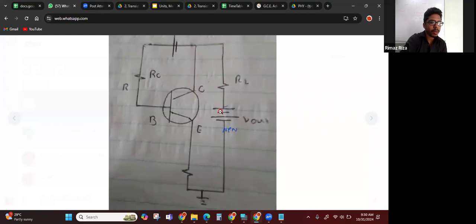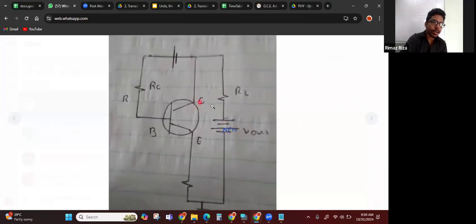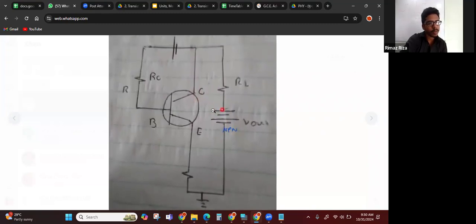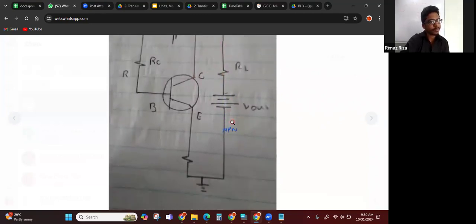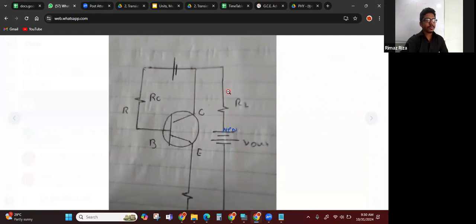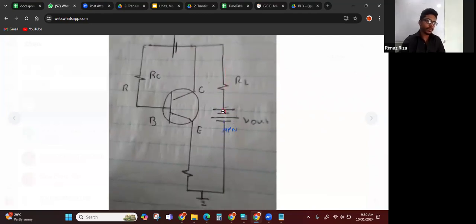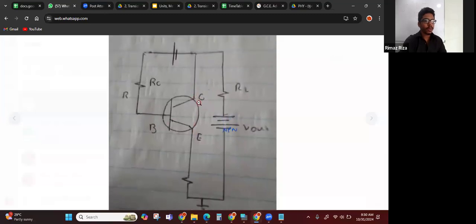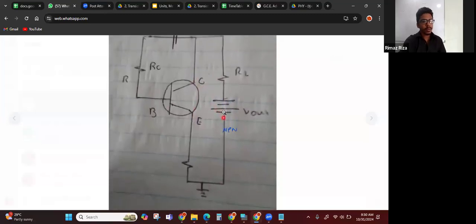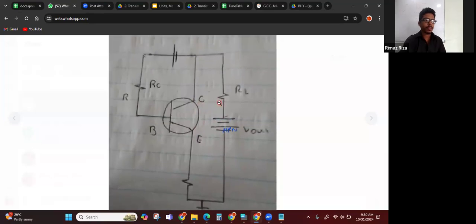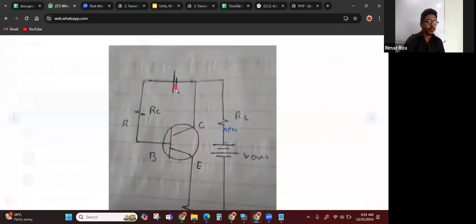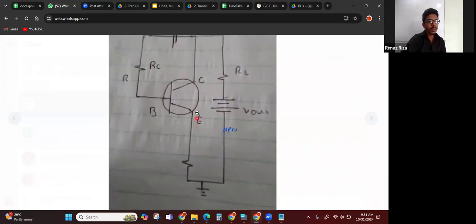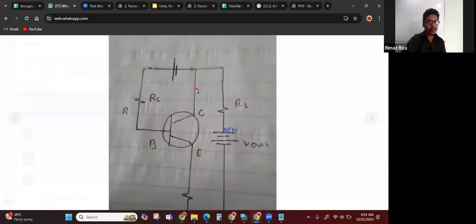So for the emitter, plus, it's forward bias, and then the collector is the common.